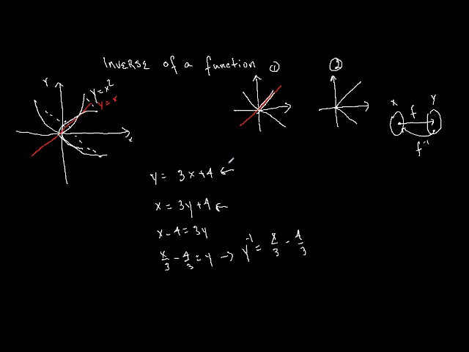And we've just solved for the inverse of this linear function. Now, in the next video, you're going to see how to find the inverse of a second degree function.